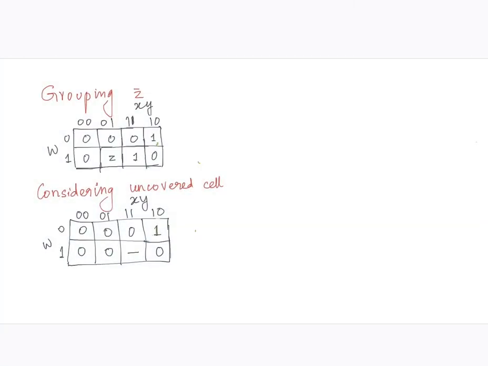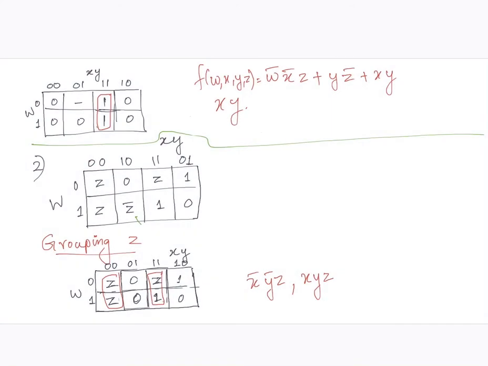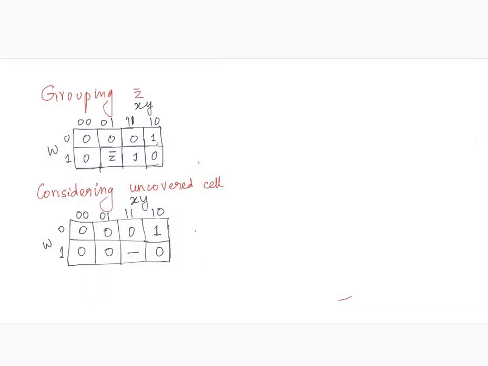Next step is to group the Z bar literals by considering the Z literal equal to 0. So wherever Z is there, replace it with 0. So you will obtain the equation, and this will be Z bar. So grouping the terms, these two should be grouped together. So this will correspond to WY Z bar.